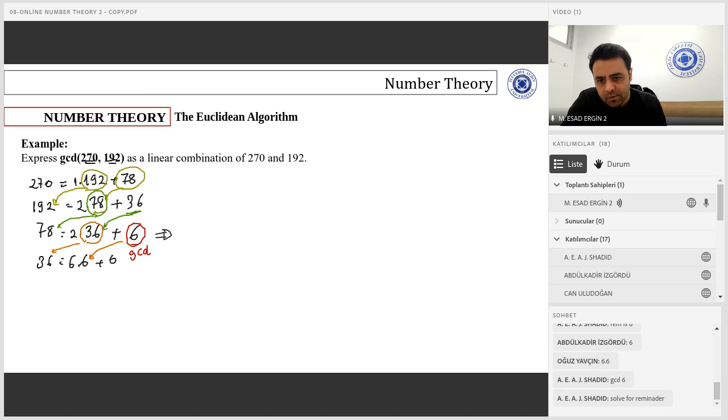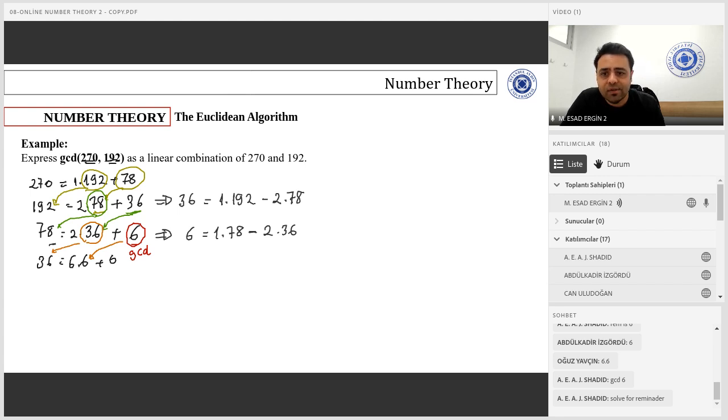So at first, we just keep it on the left side, and it equals 1 times 78. It comes from here, and minus 2 times 36. And the remainder of this one is 36, which is our remainder. And 1 times 192 we have, and minus 2 times 78.